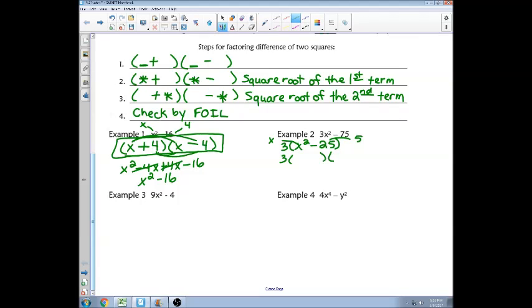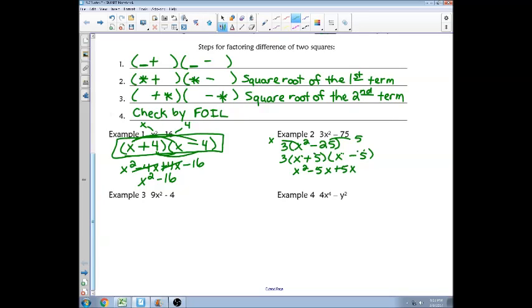I cannot forget to bring down my GCF, though. Remember, I can set up two sets of parentheses, a positive and a negative. The square root of my first term is x. The square root of my second term is 5. That will be my answer. In order to check this, I need to take x times x, which is x squared. X times negative 5 is negative 5x. 5 times x would be positive 5x.